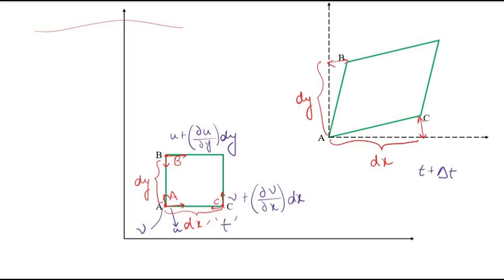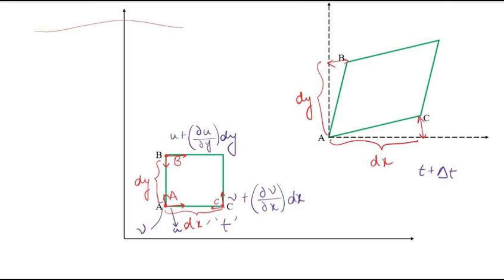What is happening as the fluid element is moving from t to t plus delta t? We can see that the shape of the fluid element has been distorted a little. Now, how it has been distorted, what is happening, and how we can look at it mathematically is what we are going to take a look at.